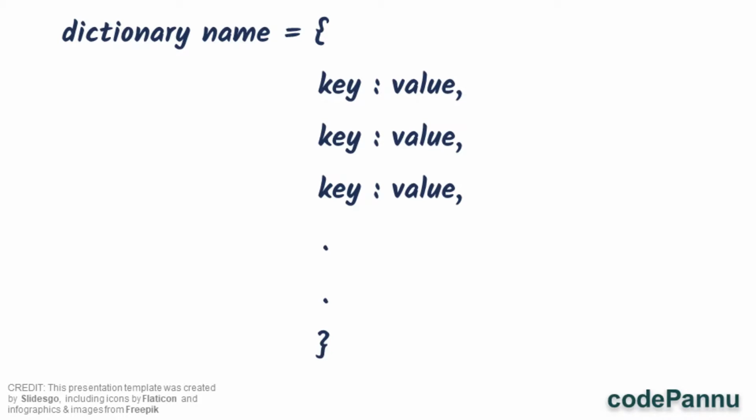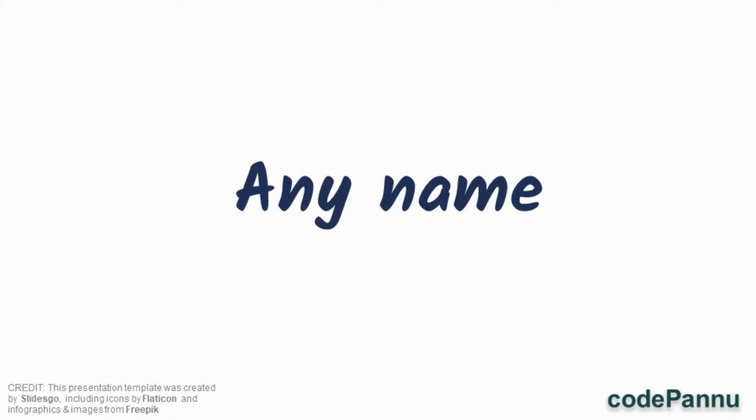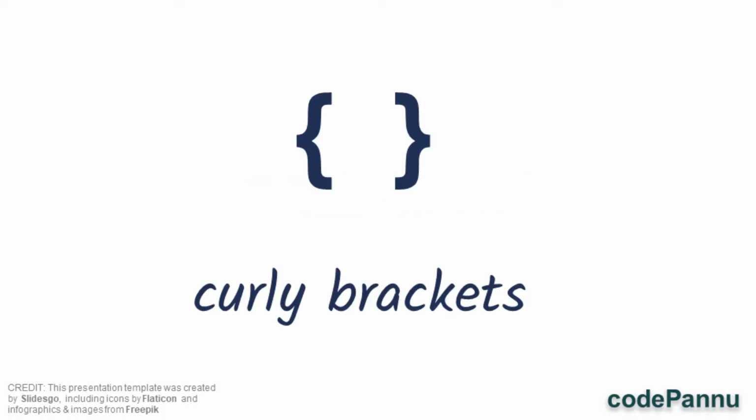It is dictionary name equal to, within curly brackets, you put key, value, key, value, key, and value, and so on. So here we can give the name for the dictionary whatever we want, just like variable names. A dictionary is always written inside curly brackets. This is called curly brackets.